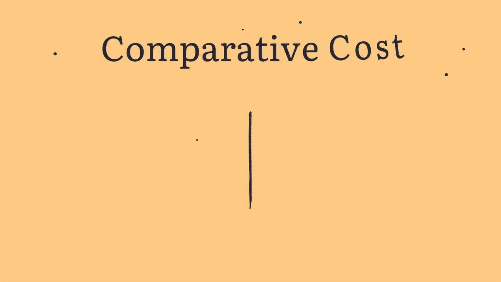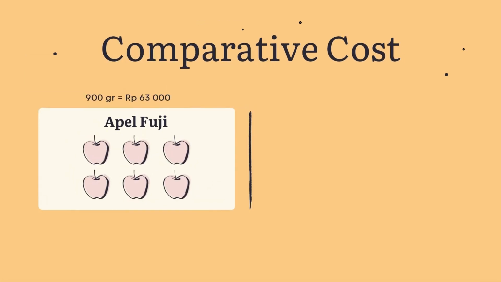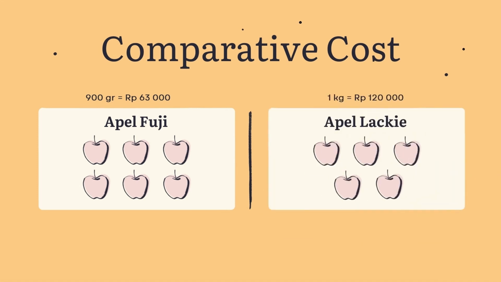Apple Fuji is 900 grams and costs 63,000 rupiahs, whereas apple Lucky is 1 kilograms and costs 120,000 rupiahs. Which one represents the best value?